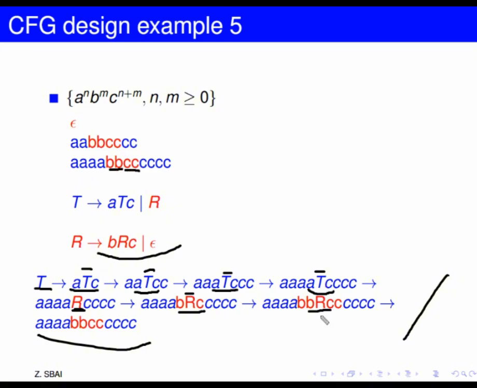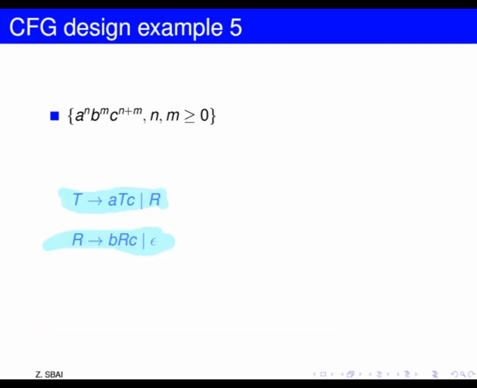And in this case, the last R will yield to epsilon, and we will have the desired string derived from the start symbol of the grammar. So this is a grammar for the language that contains all the strings in the form a to the n, b to the m, c to the n plus m.